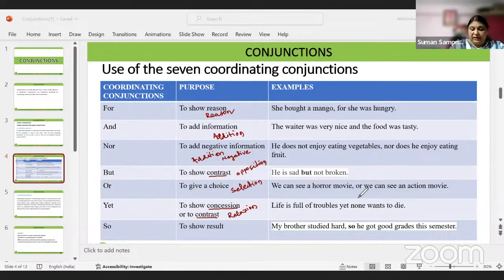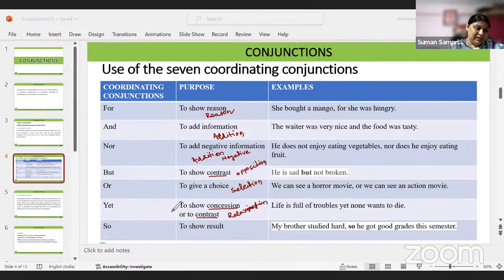Everyone wants to stay forever, right? So in that case, we are making relaxation. That means we are giving concession. It is like this, but still.